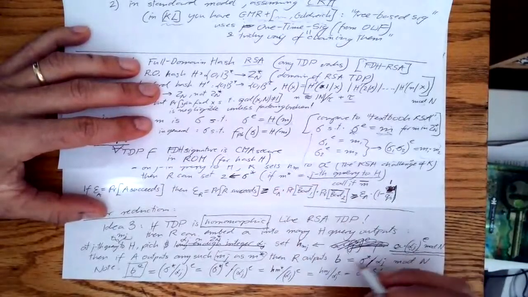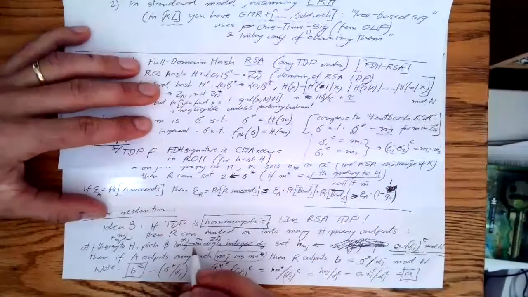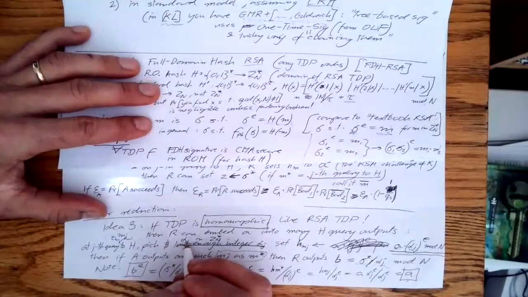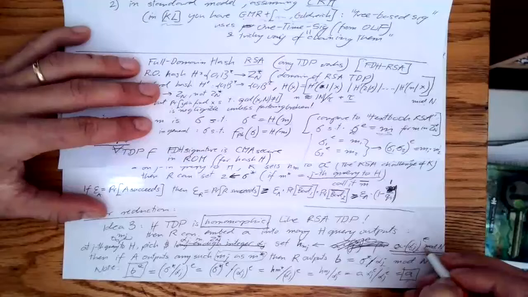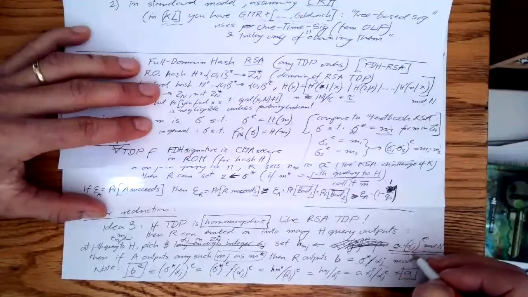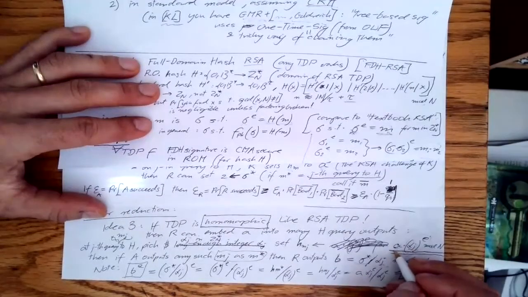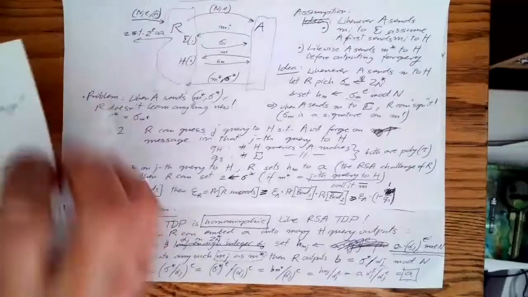Because it's a randomized embedding. At every query, I pick a random alpha_j. RSA is a permutation, so this is a random point in the domain and range. So A is fixed throughout the reduction, right?